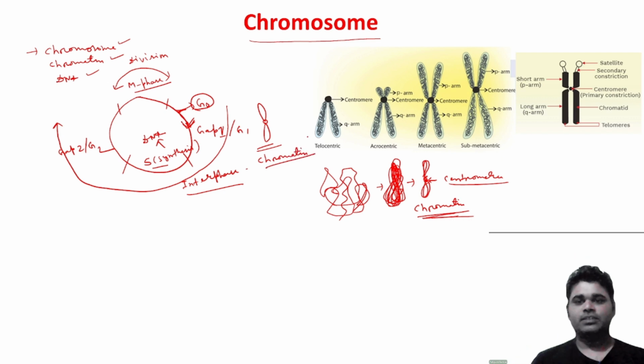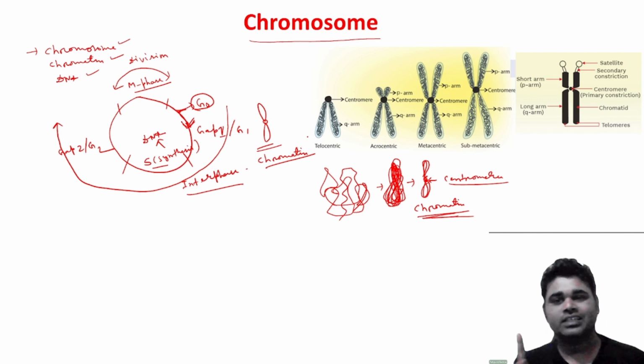What is the difference between DNA and chromatin? A single DNA coiled together forms a chromatin-like structure that looks like this. So you can say that one chromatin contains one DNA.